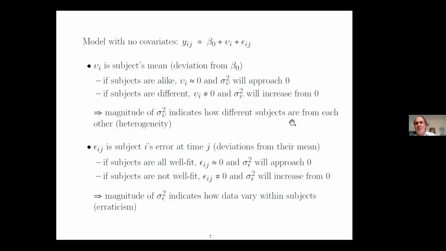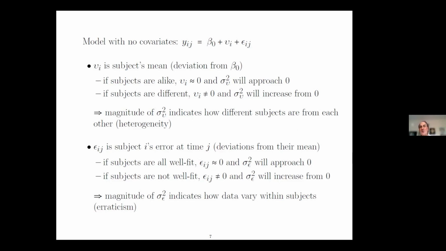So the between subject variance tells us how different subjects are from each other. They characterize the heterogeneity across subjects. In contrast to that, the residual, the error term, is the subject's error at time j. They represent, for a given subject, the deviation of the outcome variable relative to a subject's mean.